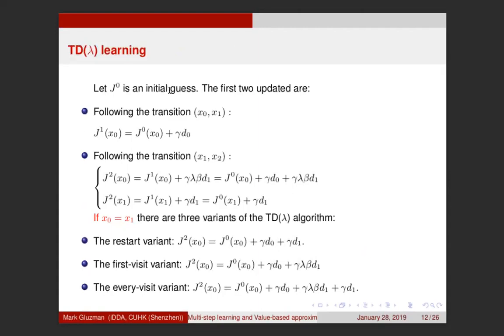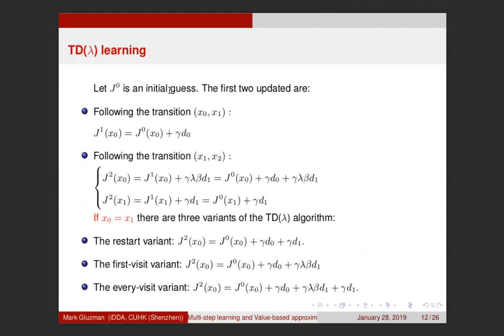Of course, there is a problem when x0 is equal to x1, because it's not obvious how we need to update g2 x0, since we now have 2 equations to update. So basically we have 3 variants for how to combine these two updates for g2 x0.